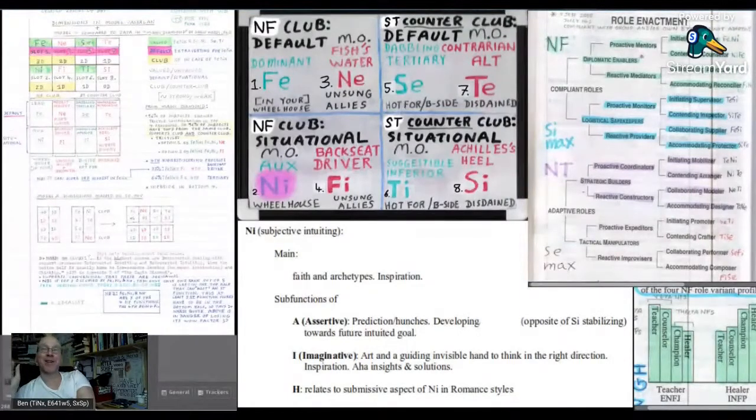So NI, it's a valued function and it's a club function, but it's not a default function. And again, used in combination with FE, it frequently comes across as a directive, diplomatic, enabling role, so mentoring, but it's expressive, so more leading a group of people.